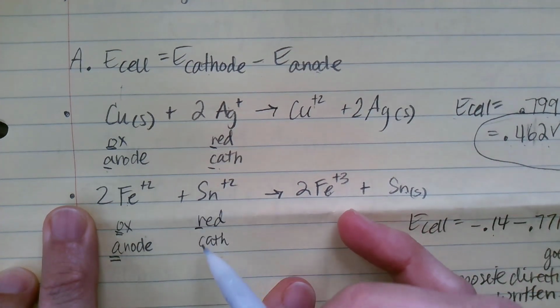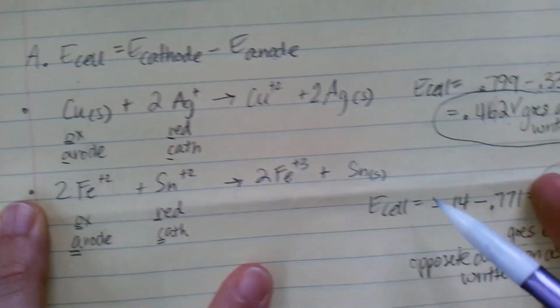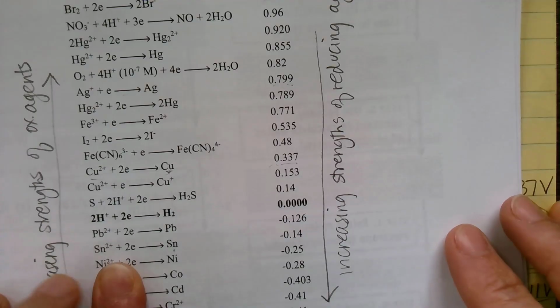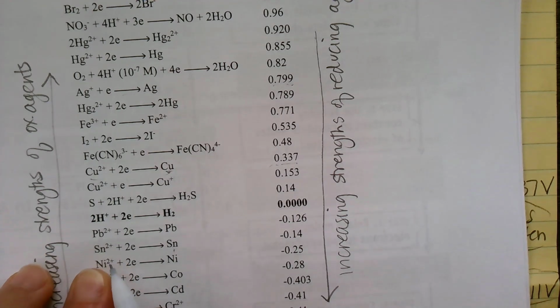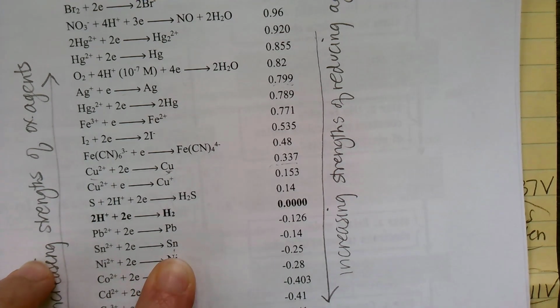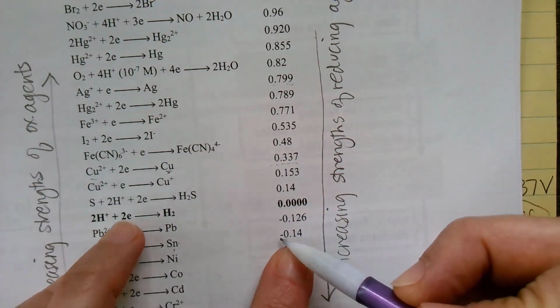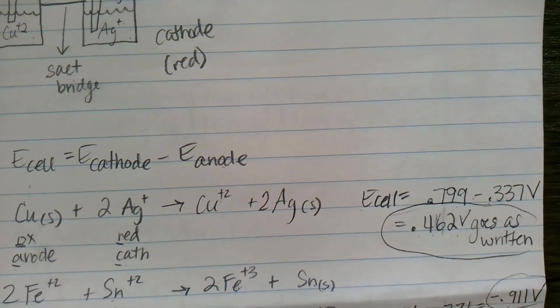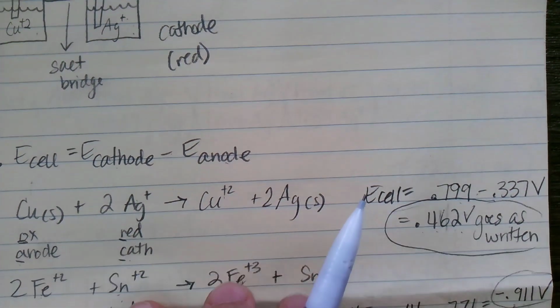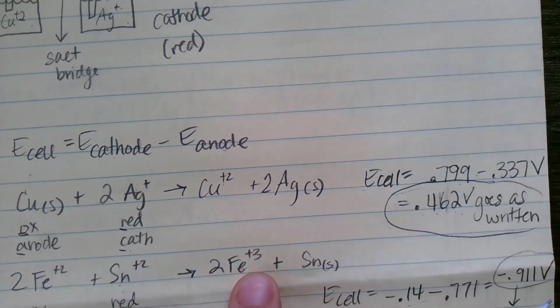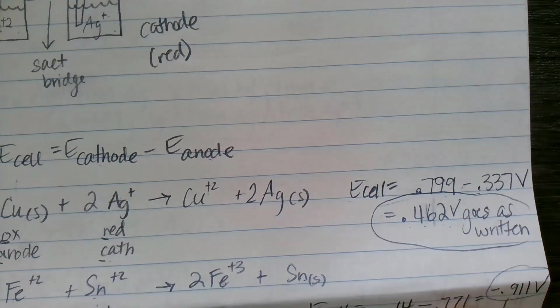So the tin has been reduced, so it is the cathode. So when finding our E cell, we need to find the value of our tin going from plus 2 to 0. So this negative 0.14 value, that's our cathode. And then we need to find the value of our iron going from plus 2 to plus 3.